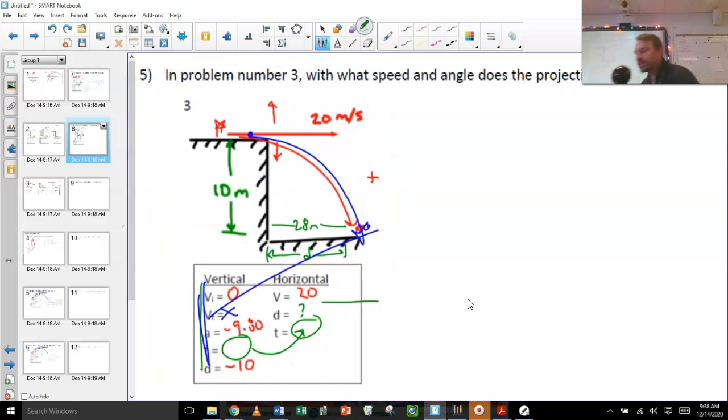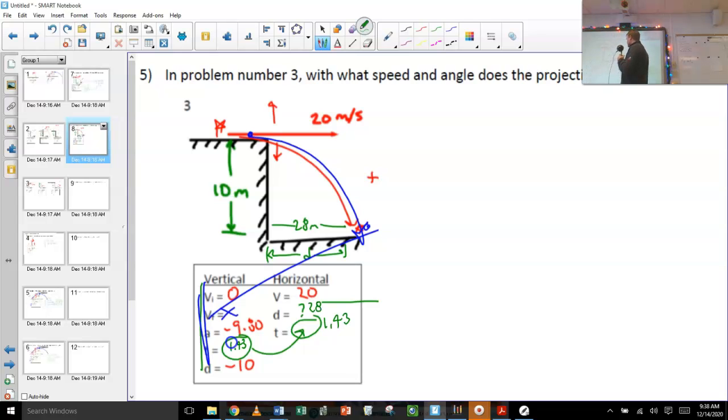So I know a couple of things here in this problem. I know that the time was 1.43. And I know the distance is, we found, 28.